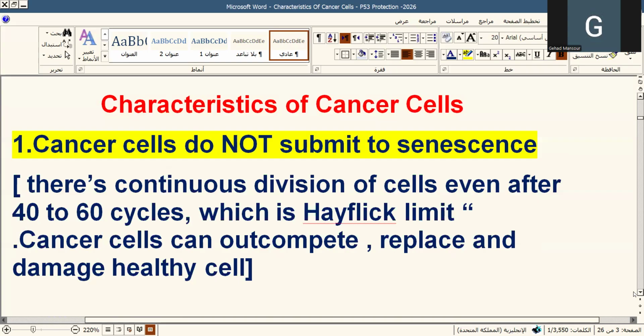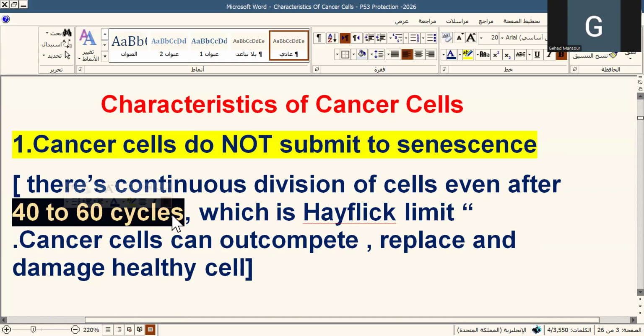What do we mean by senescence? Senescence means getting older. So most cells have a certain limit of cell cycles. We have discussed this before in the video on the telomeres, because you know that every time the cell enters a cycle of mitosis, and even every time a DNA molecule replicates itself, a part of the telomere is lost.